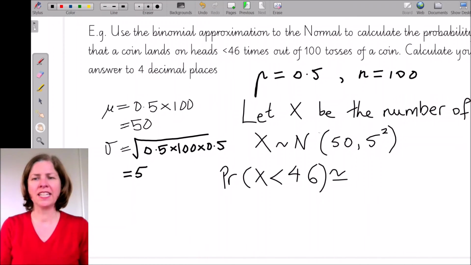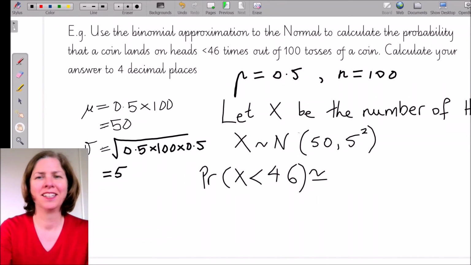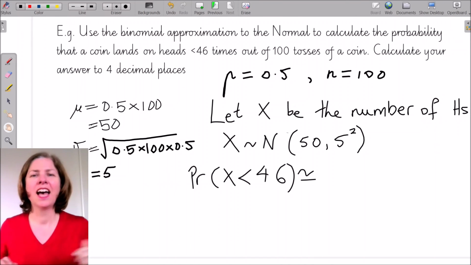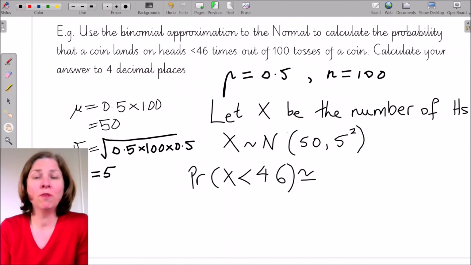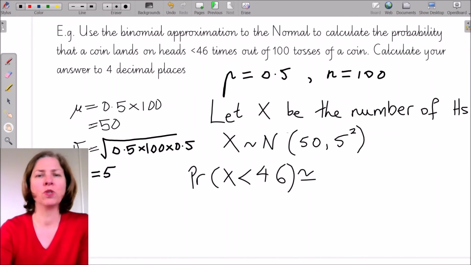So I've just jotted that down, and we can see that I've written let x be the number of heads. Then x is approximately normal with a mean of 50 and a variance of 5 squared because my standard deviation is 5. So what I'm looking for then is the probability that x is less than 46, and I'm going to use my CAS calculator to do that.